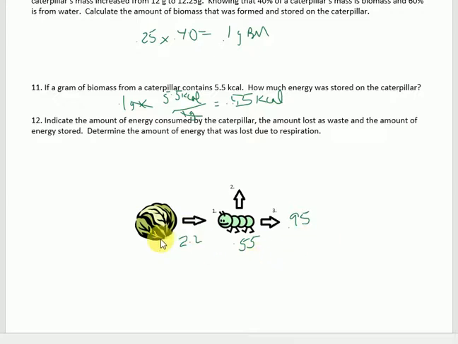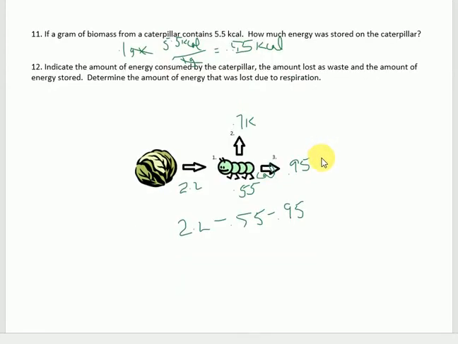So we know that we have to equal that 2.2. So this is going to be your 2.2, and then you're going to subtract your 0.55 and your 0.95, and that will give you 0.7 kilocalories lost due to respiration.